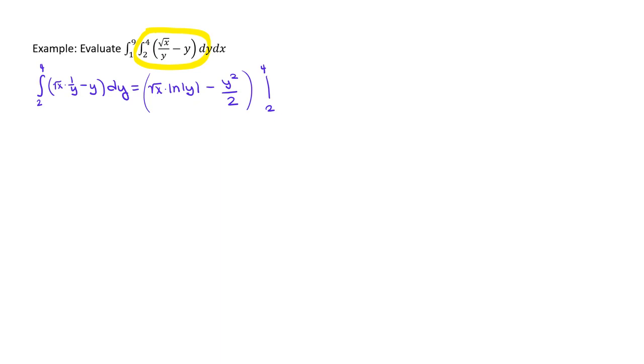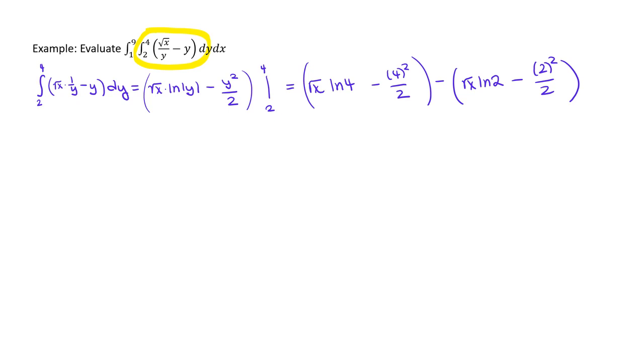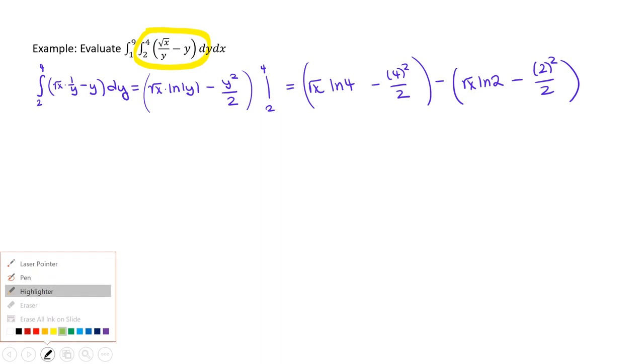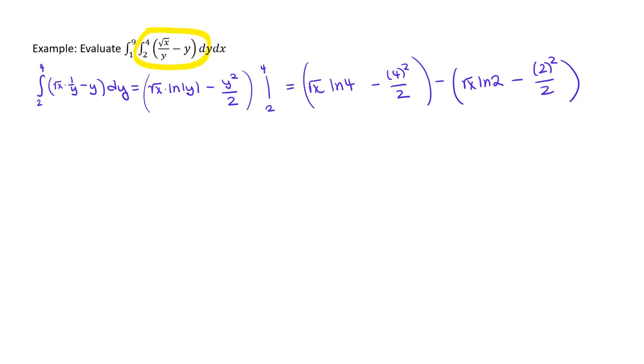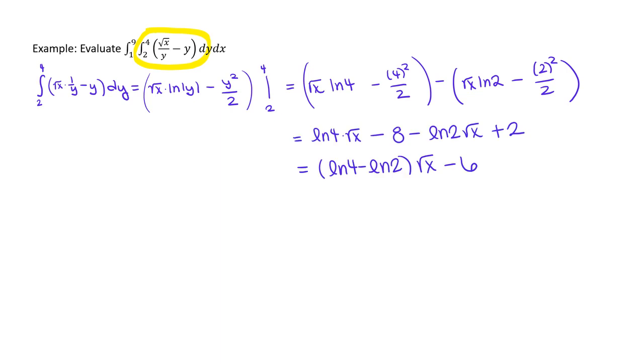And then the second term, the minus y, we integrate that, we get y squared over 2. And then I'm going to plug in those bounds, the 2 and the 4. I'm plugging them in for y, because we just integrated with respect to y. So that gives me square root of x times ln 4 minus 4 squared over 2, and then square root of x times ln 2 minus 2 squared over 2.